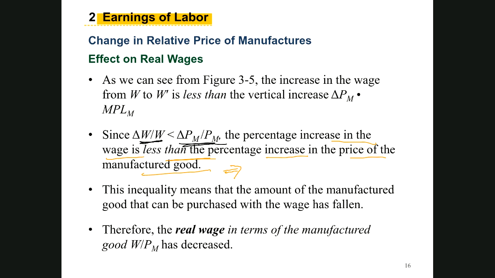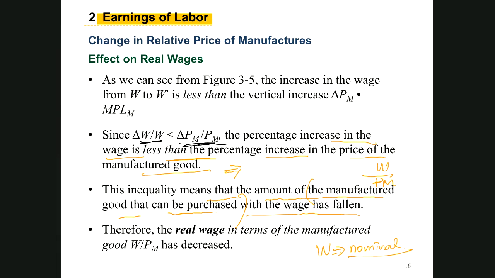Okay, this inequality means that the amount of manufactured goods that can be purchased with the wage has fallen. So the manufactured goods that could be purchased actually means the real wage. W is the nominal one, something you get.